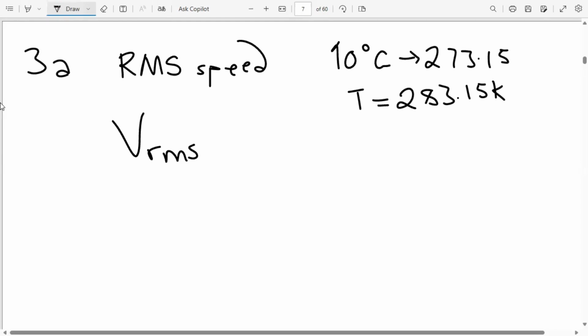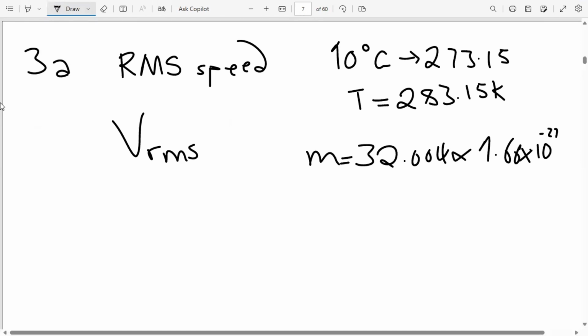Then the second thing I'm supposed to find is the mass of one oxygen molecule. So the mass of the oxygen molecule in kilograms will be equal to, we're supposed to convert the mass that we've been given into kilograms. So we're going to say 32.00 multiplied by this conversion factor that we've been given, which is 1.66 times 10 to the power minus 27 kgs per ounce, like that.